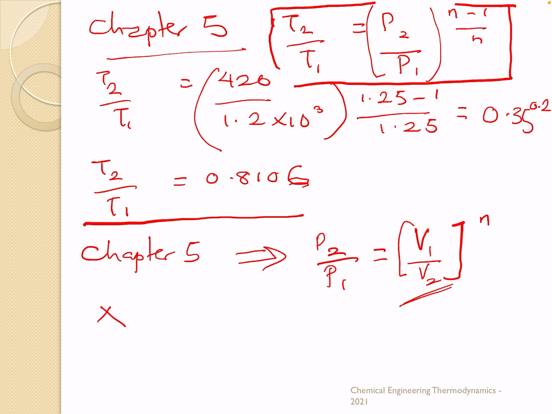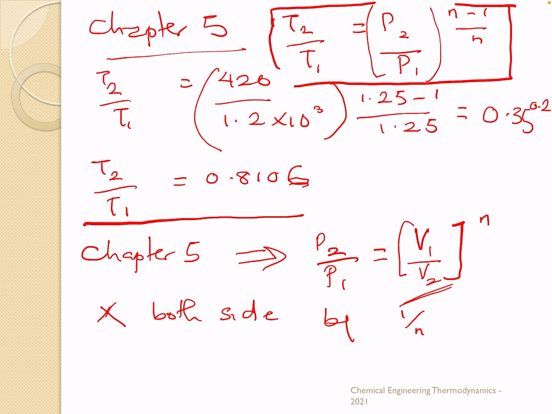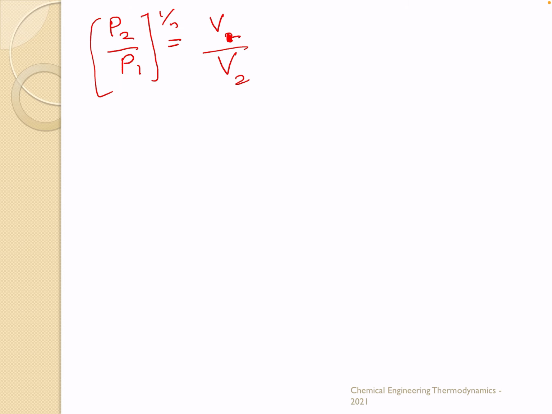How? By raising both sides to the exponent 1 over n. If we do that, we are left with P2 over P1 raised to 1 over n equals V1 over V2.